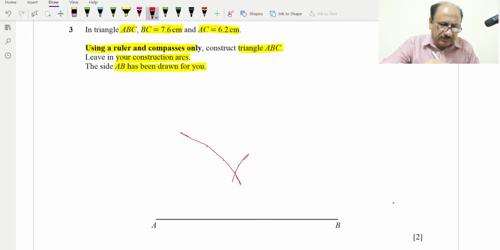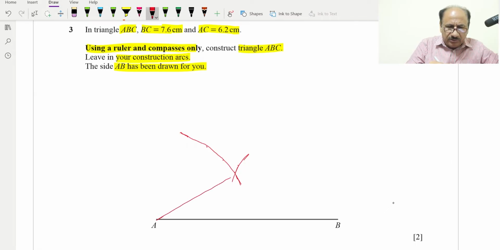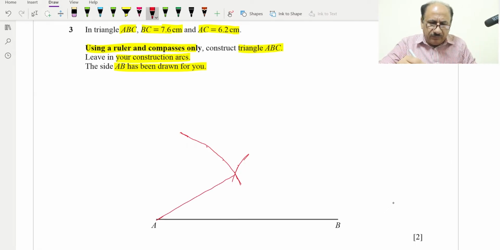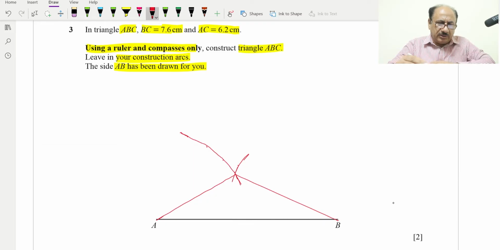So this will be the arc, and we can join this with this one. We can join this point, and further we can join this side as well. So this will be our triangle. This will be point C. So this is how you can use the compasses only and the ruler.